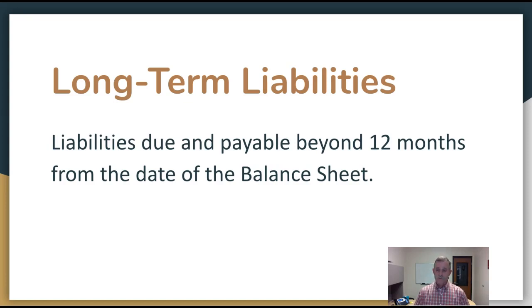Again, I would rather just keep it simple. Long-term liabilities and current liabilities. You might also, as you read others' balance sheets, see this referred to as fixed liabilities and fixed assets. They're the same thing as long-term. Okay, so that would be mortgages.